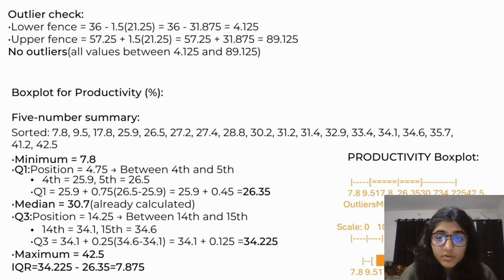So in this diagram, you can see this box plot productivity diagram in which we have mentioned the minimum, Q1, median, Q3, and maximum.